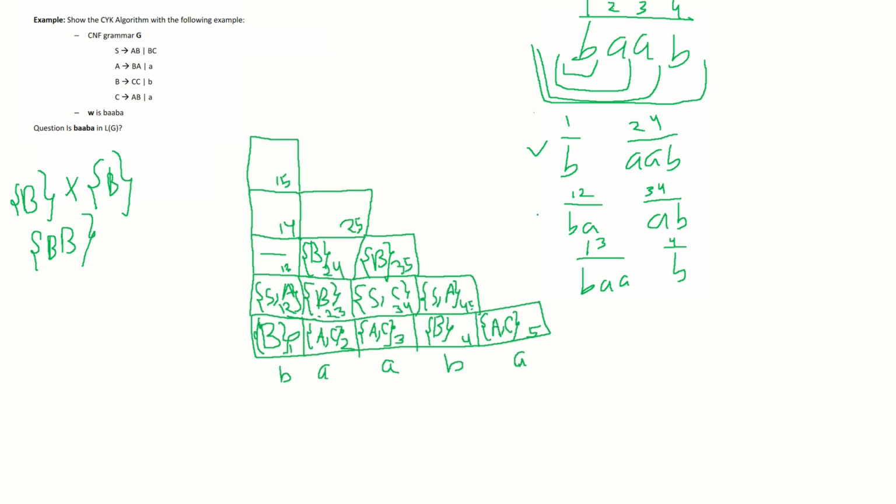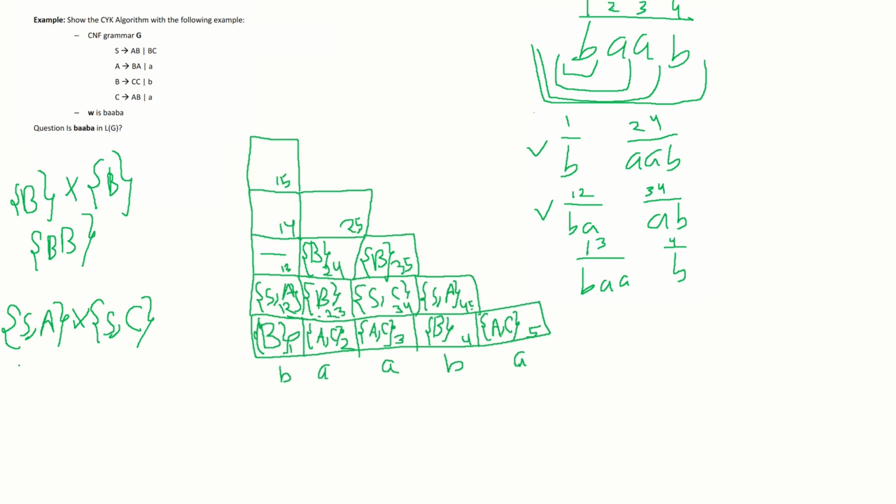Then in the second combination we need to at first create from position 1 to position 2. In the first column of our second row we have from position 1 to 2, which can be generated from SA, and the position 3 to 4 can be generated from SC.